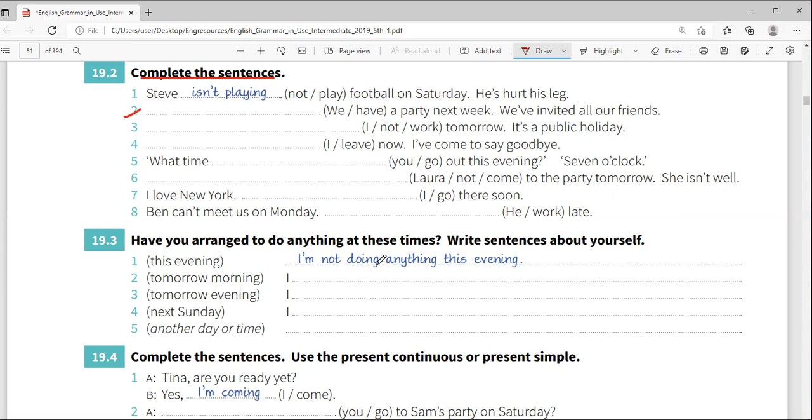Again, Laura is not coming to the party tomorrow. It's not coming. Is not coming. Yes, coming to the party tomorrow. Good. She isn't well. Good. Mohammed. Yes. Next. Number 7.